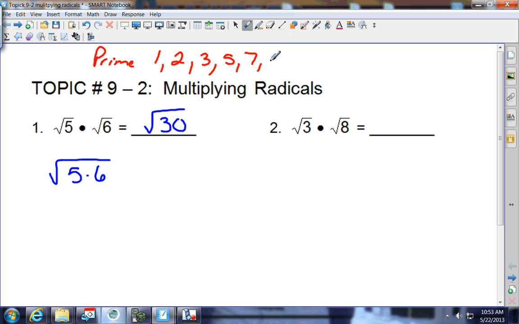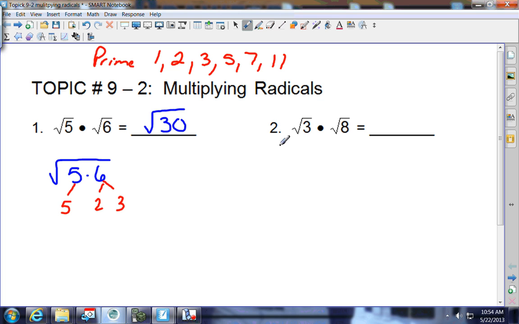No, because it's 3 times 3. 10? 11. Okay, we could keep doing that. Now, right here, I know 5 is prime. 6 breaks up into 2 and 3. Are there any numbers being duplicated underneath the square root sign? No, there's not. So that means this is as simple as it can go.